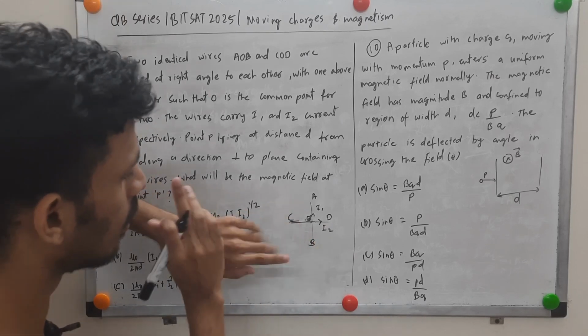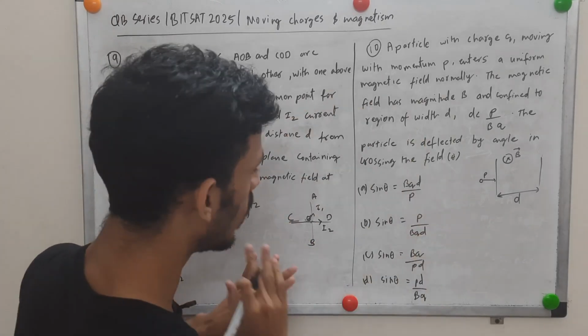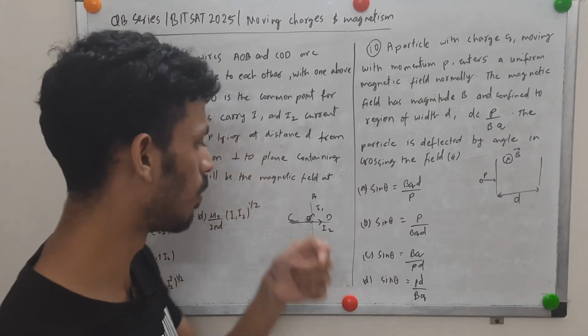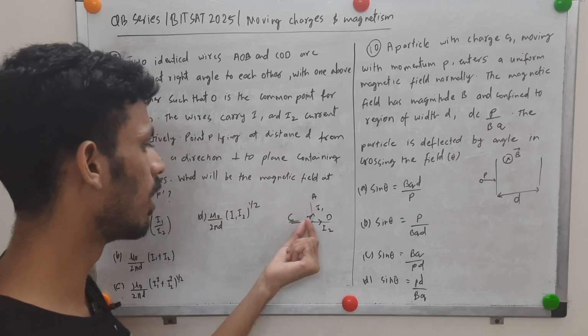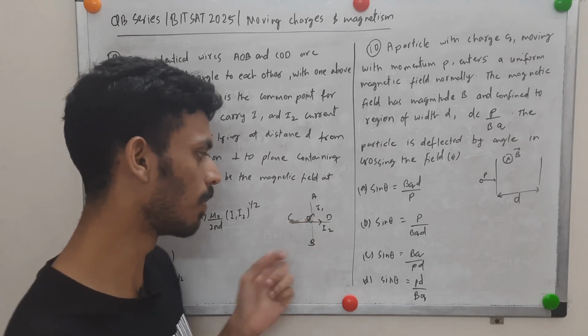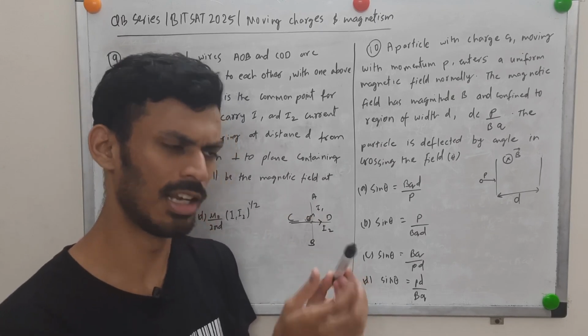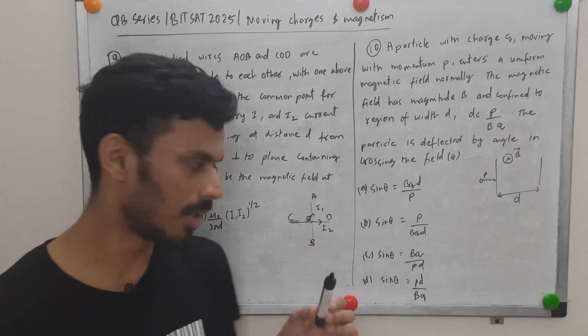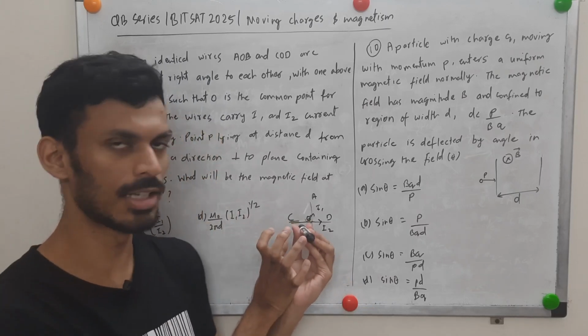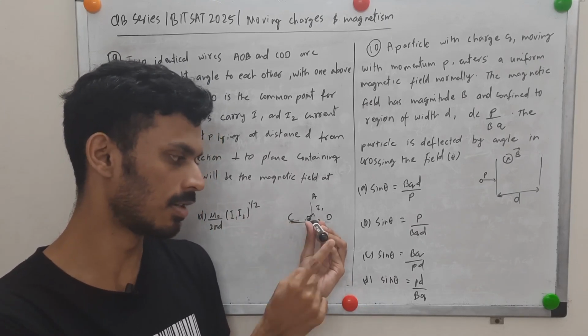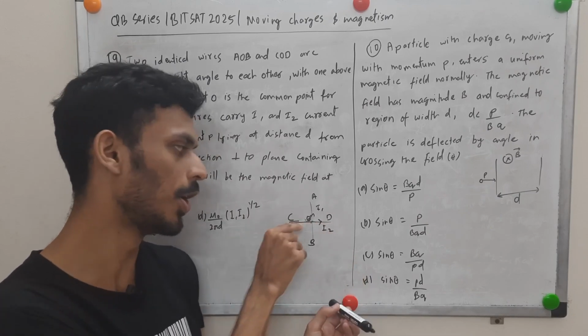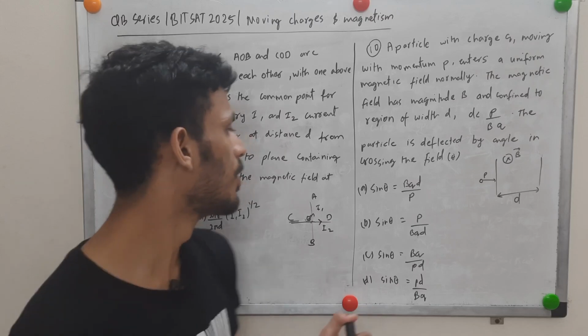So we have the wires in the plane of the board, the XY plane, and the point P will be at a distance D from the point O. It is coming out of the plane. It could also be going in, but for simplicity let us consider it coming out of the plane, at a certain distance D exactly above O, right?